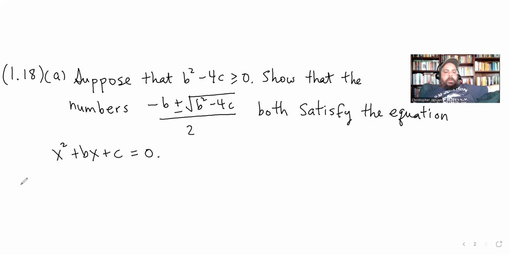I'm not actually going to prove this one because I'm assuming that if you're watching these videos, you've taken high school algebra already and you recognize this formula. What you do is you just plug those numbers in for x in the equation.